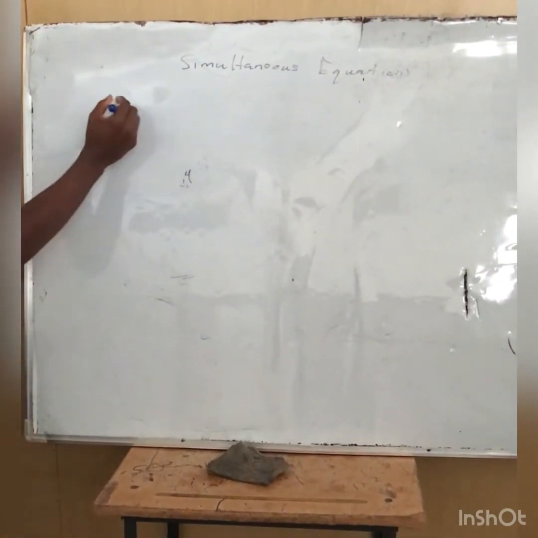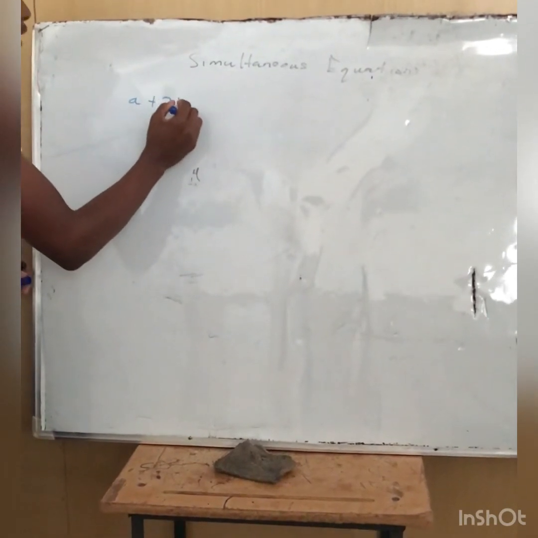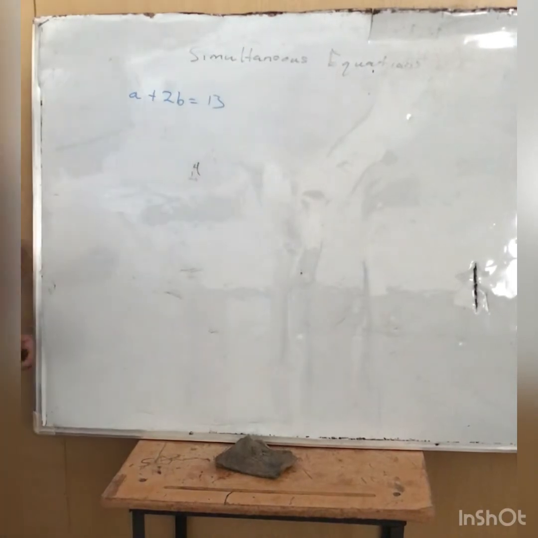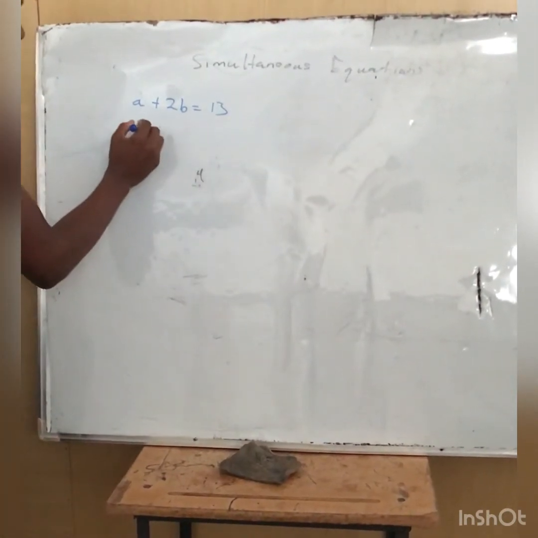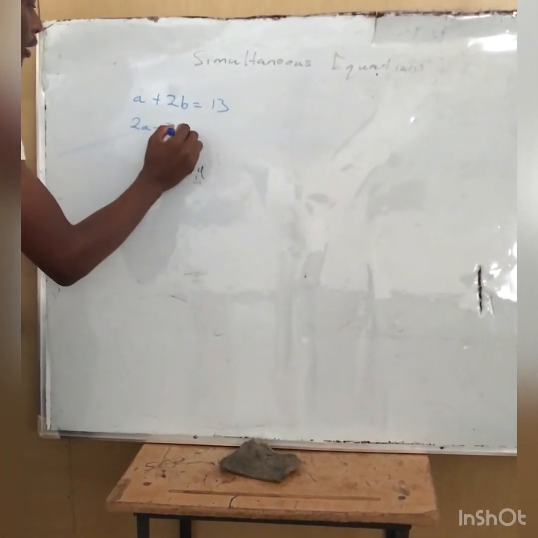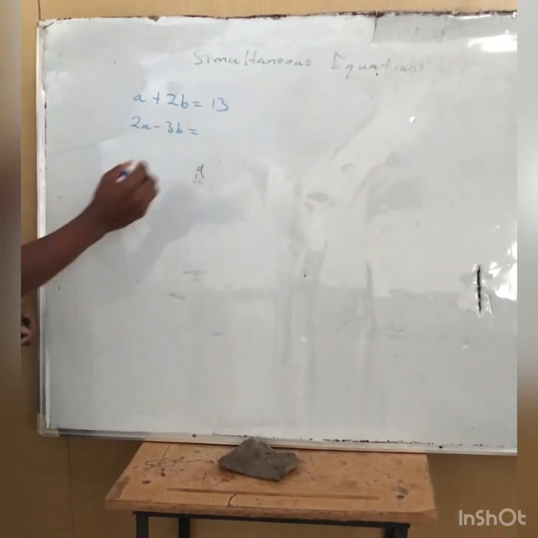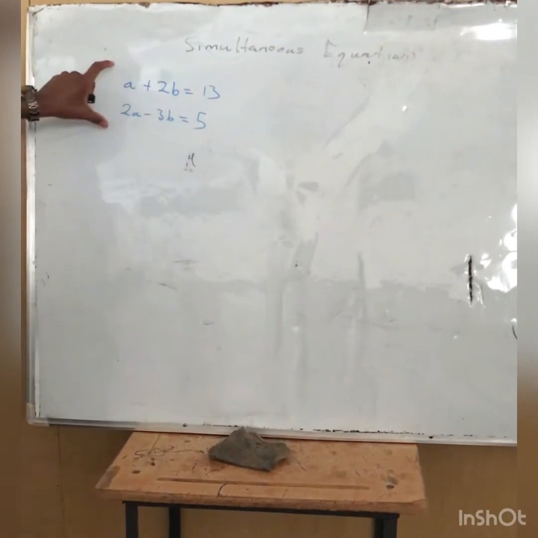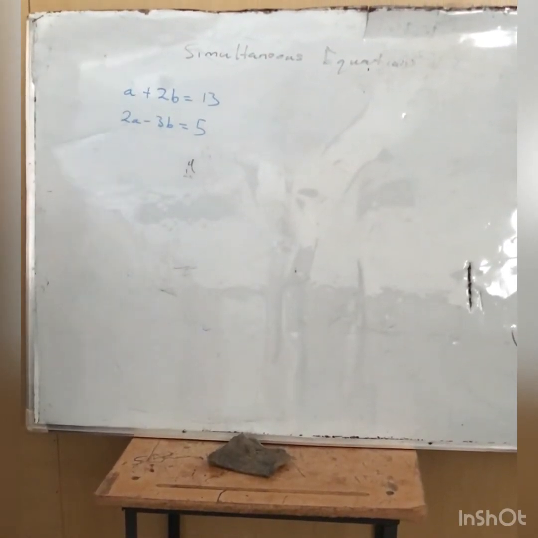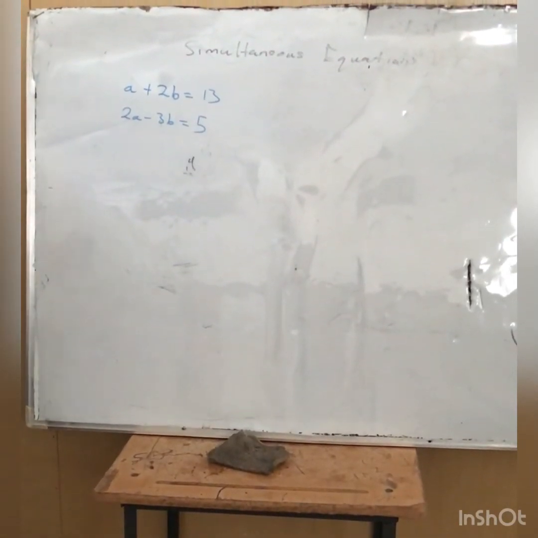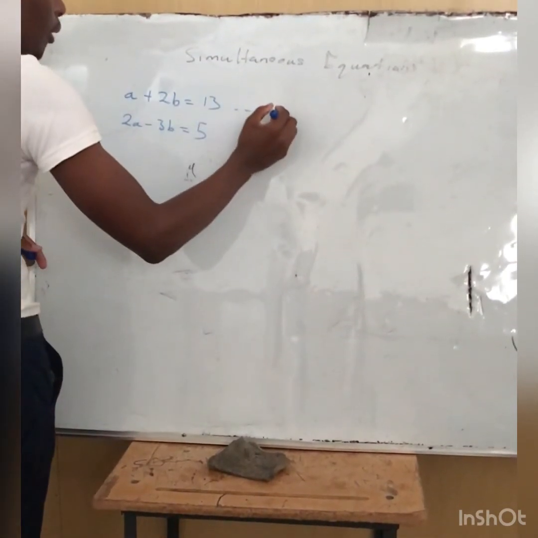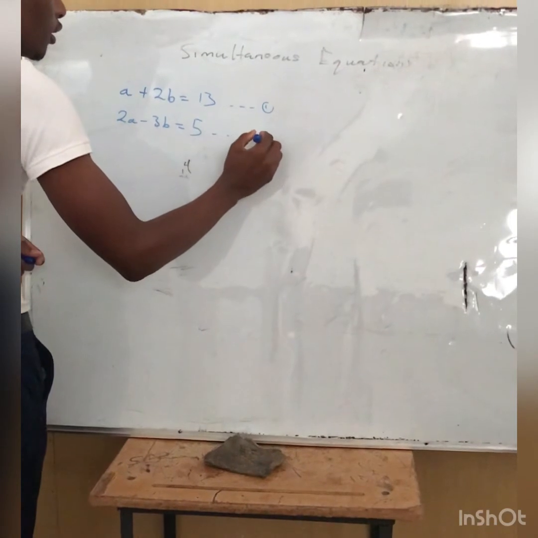So let's consider a plus 2b is equal to 13, and 2a minus 3b is equal to 5. In this case, we can see that we can't eliminate any of the variables by simply adding. So how do we deal with it? I have my first equation, equation 1, and my equation 2.